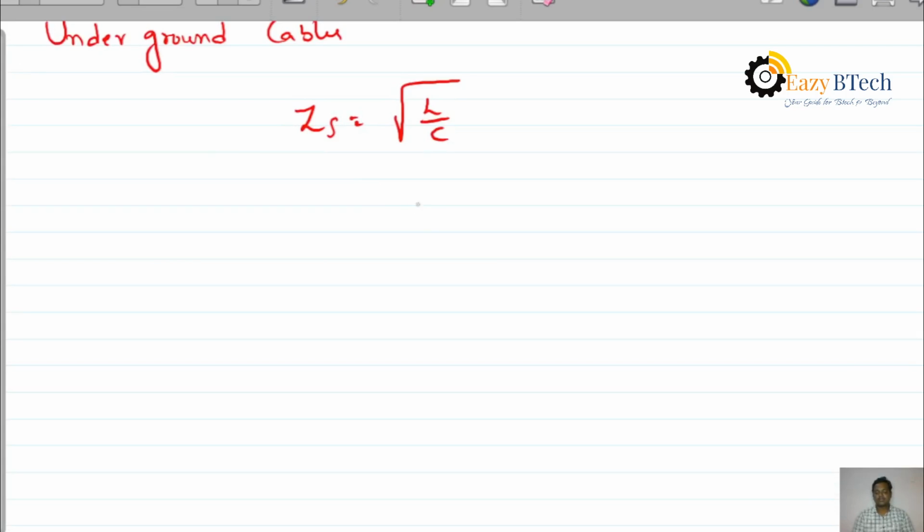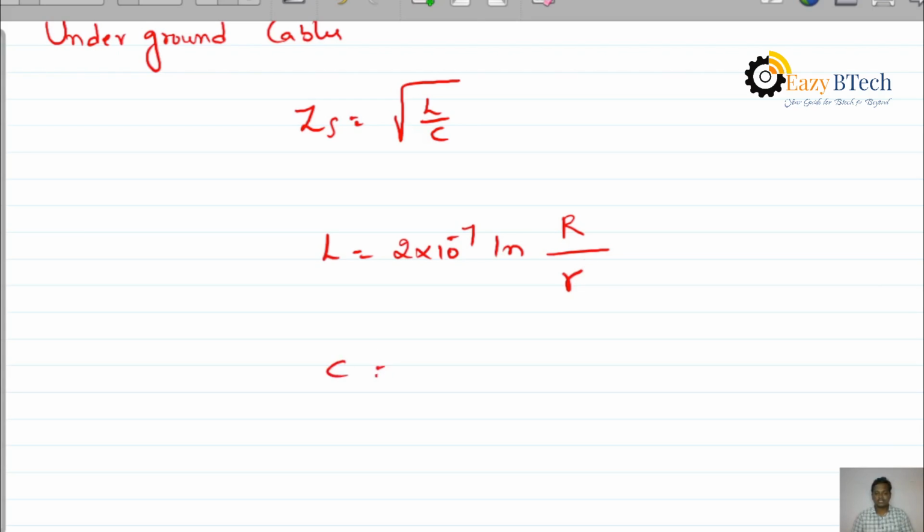Now L equals 2 into 10 power minus 7 ln. Here GMD is the outer radius of the conductor and GMR is the radius of the conductor. Here also, instead of R dash, I am taking only R.